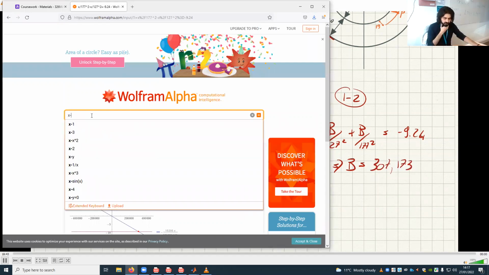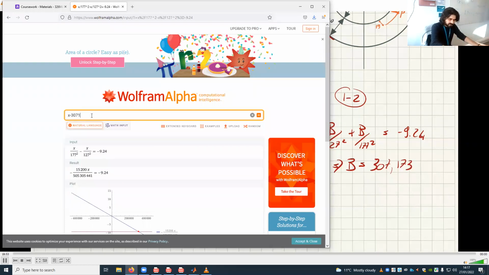I'm going to substitute b into equation 1. So I'm going to say that x minus 307,173 divided by 127 squared equals minus 9.24.